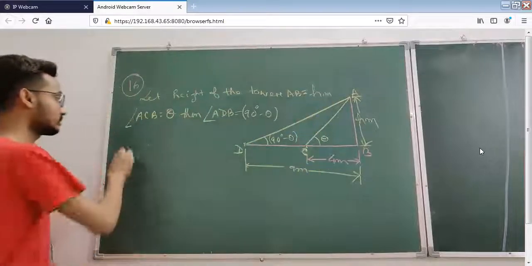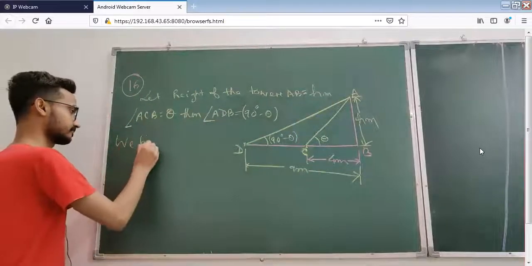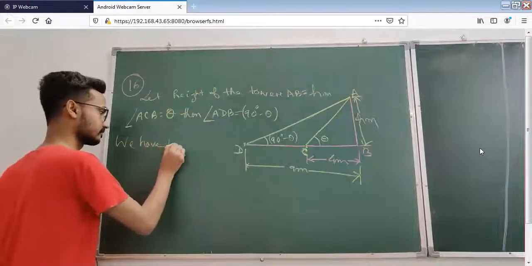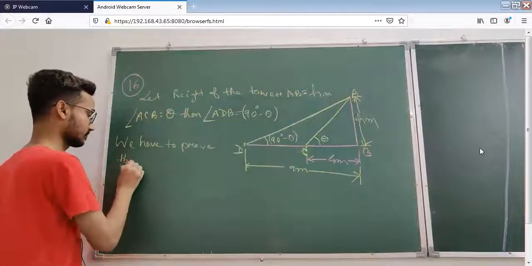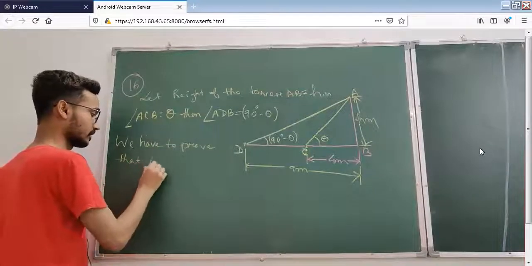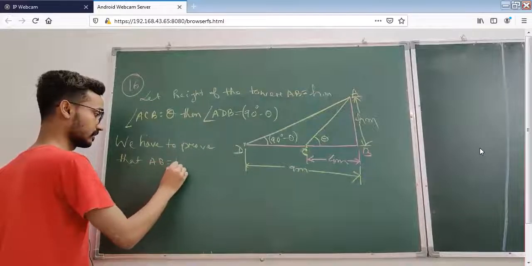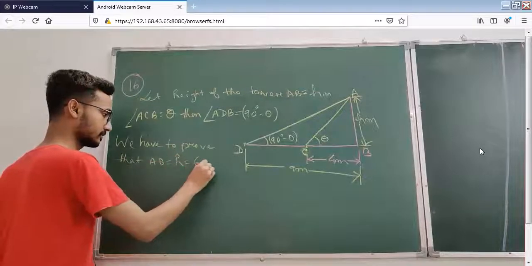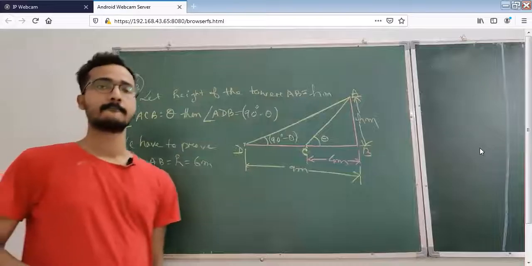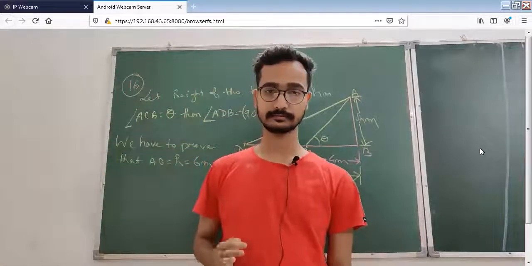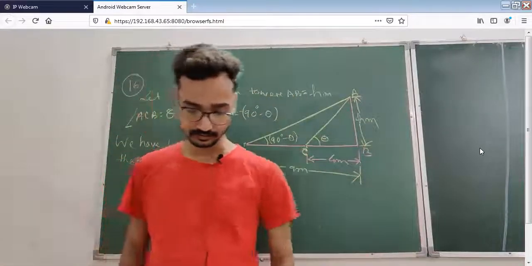So then we have to prove that AB equal to h equal to 6 meter. Okay, we have to prove these things. Are these clear? Okay. Now see.